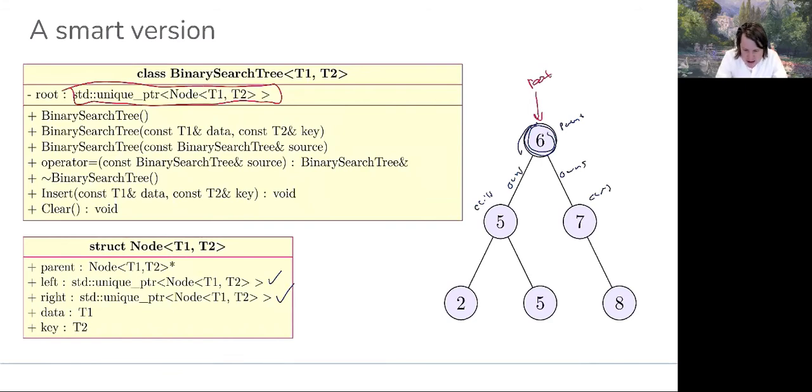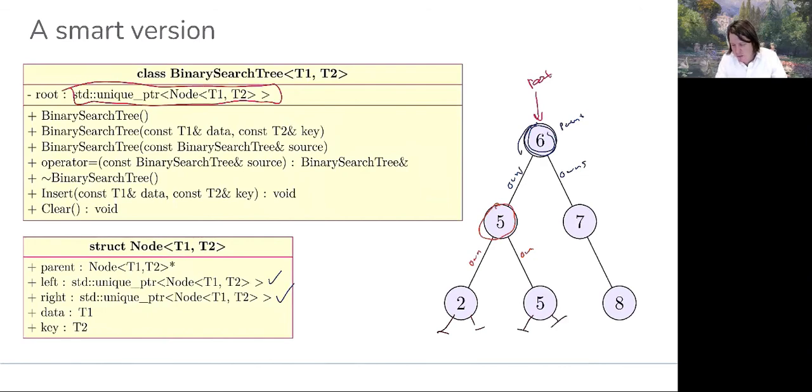And this process continues. So 5 is then going to own the node with 2, as well as the other node with the key value of 5. Well, 2 and 5 both don't own anything.